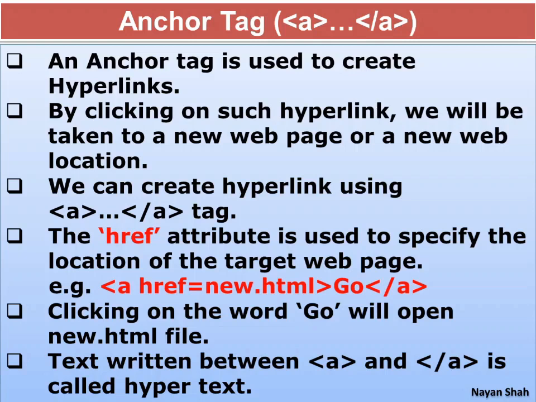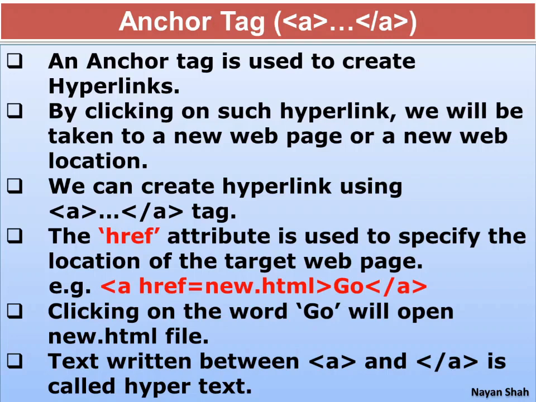So for example, a href is equal to new.html, then go, and then we say /a. On screen you will see only the word go written in blue color with underline, and as you move your mouse on go, it will become a pointed hand, and as you click on that, it will open the new.html file if that file exists. The text written between the anchor tag, that is A and /A, is called hypertext.